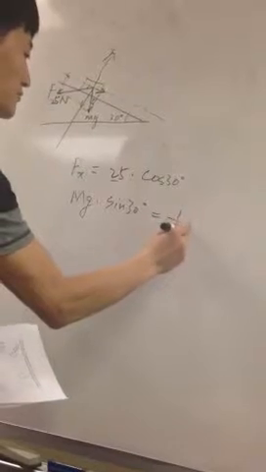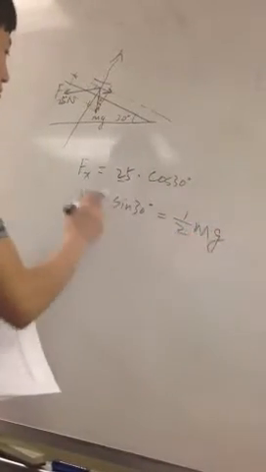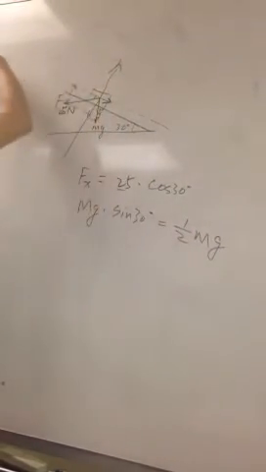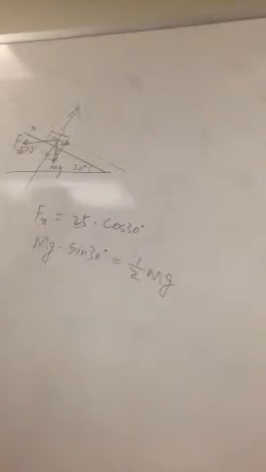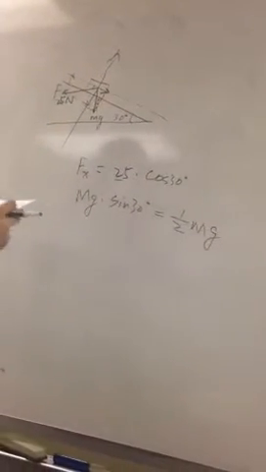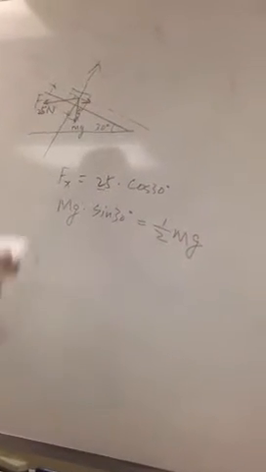And it's 1/2. So there's one force pushing the object going upward, and then the gravity pushing the object going down the surface.